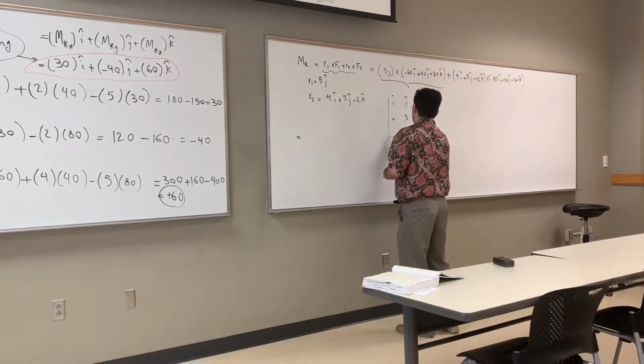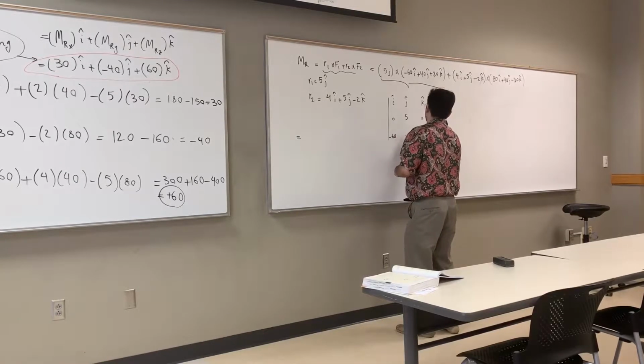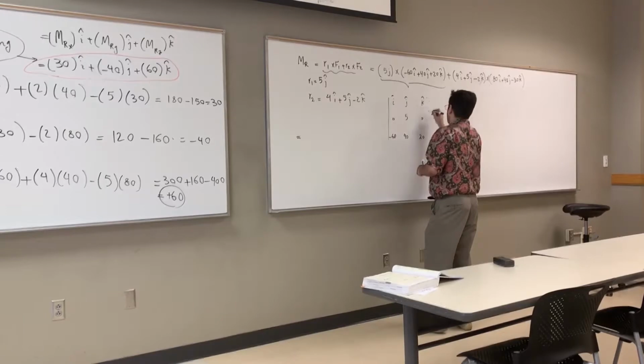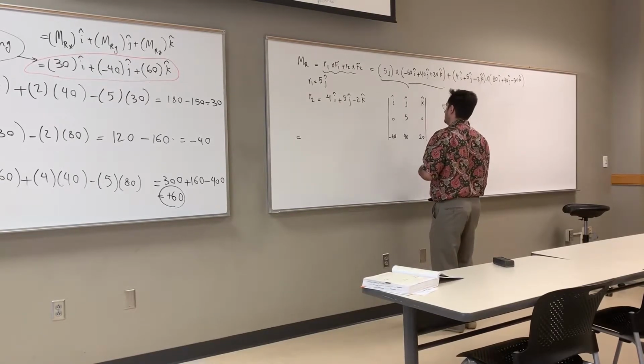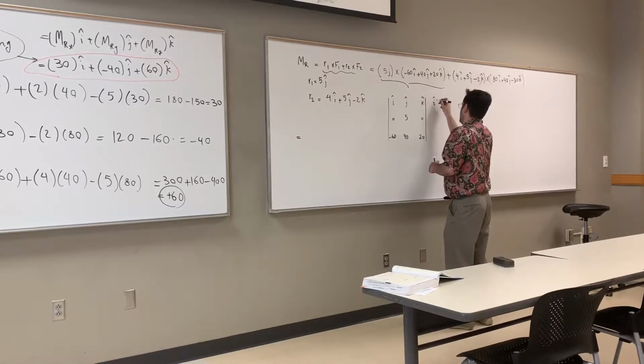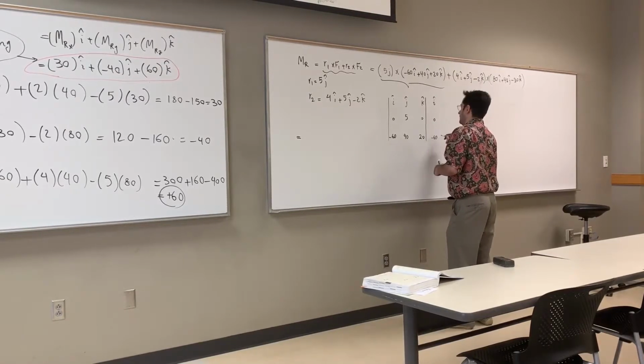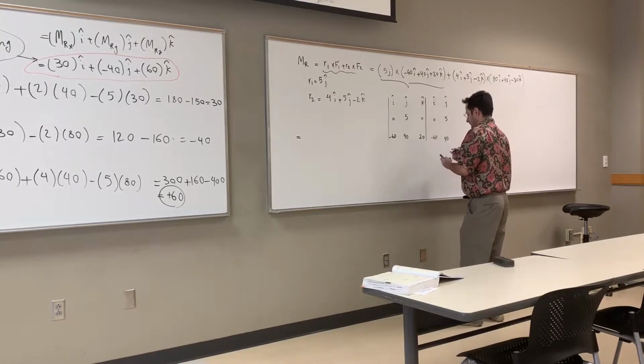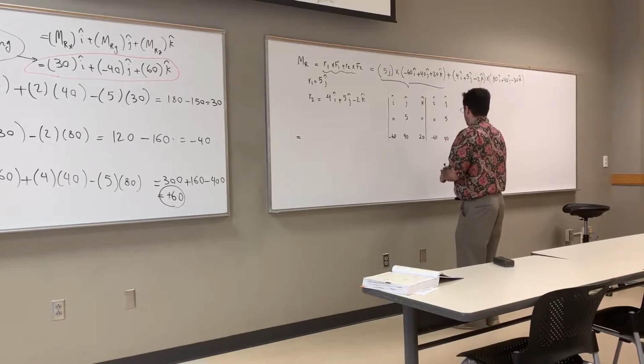The second row: negative 60, 40, and 20.